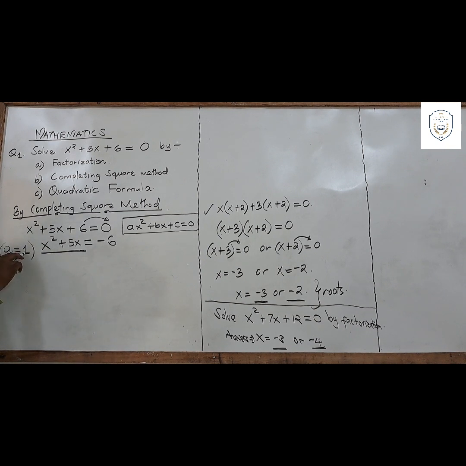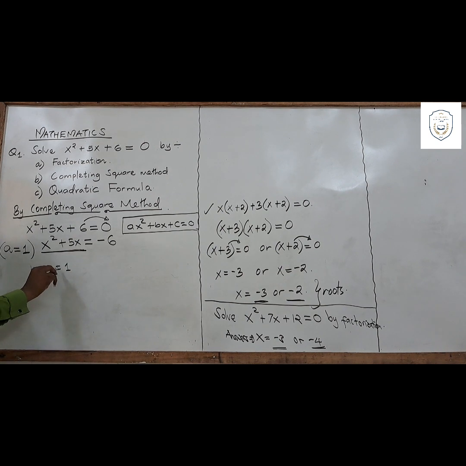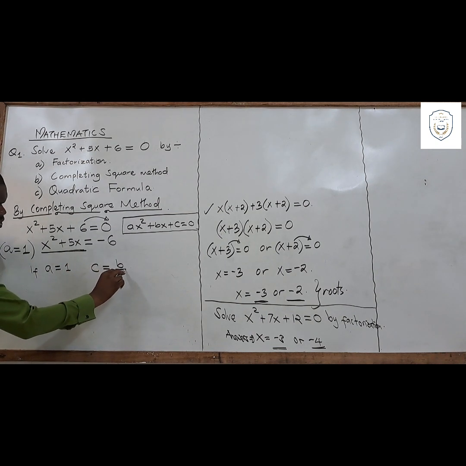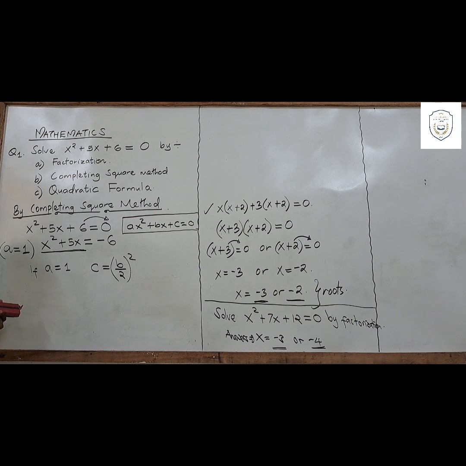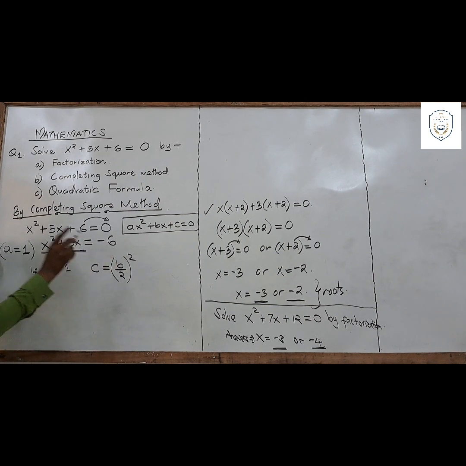If a is equal to 1, we say that the c will always be given by b over 2 all squared for a complete square. So the c for a perfect square is gotten by b over 2 squared, and that is only when a is 1.